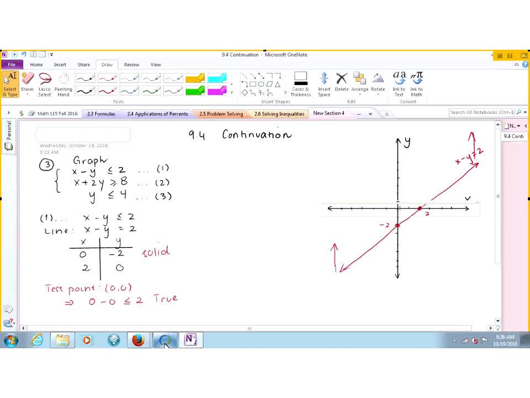You're going to choose the area right away. So always do the test point right after.